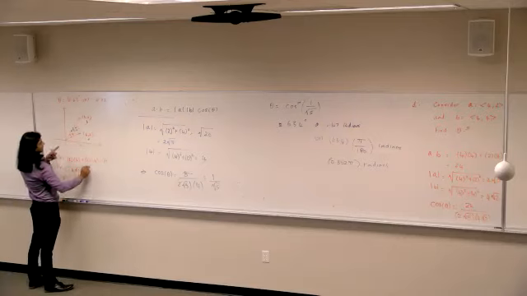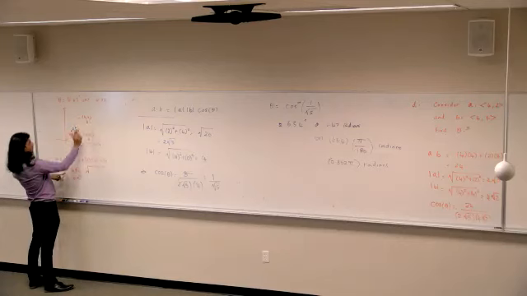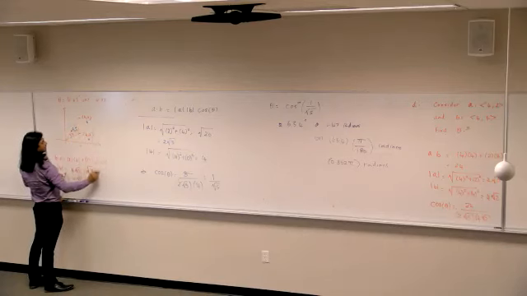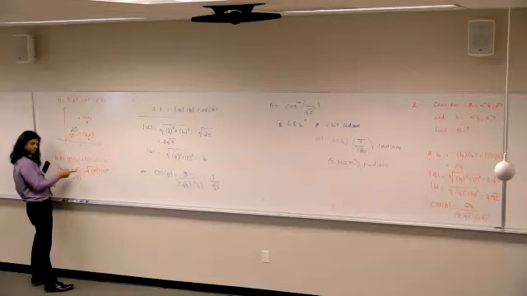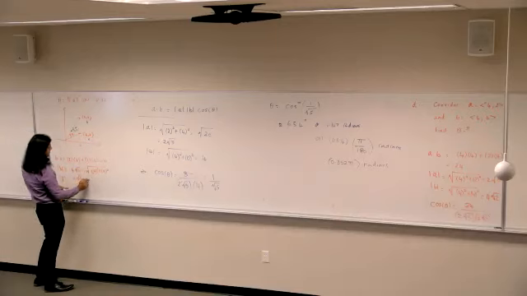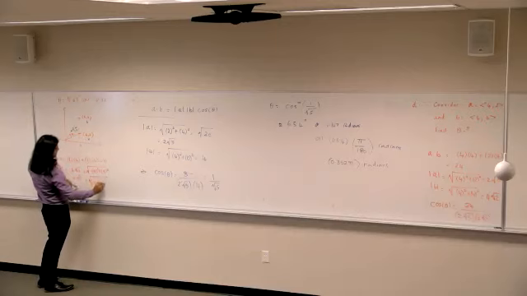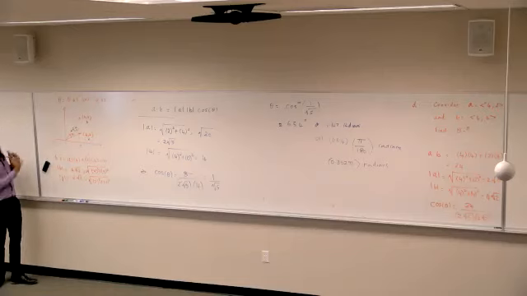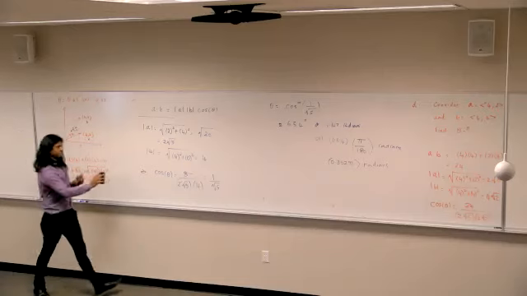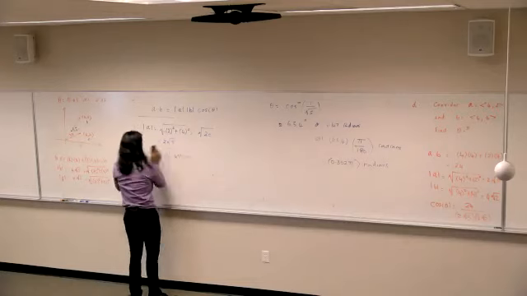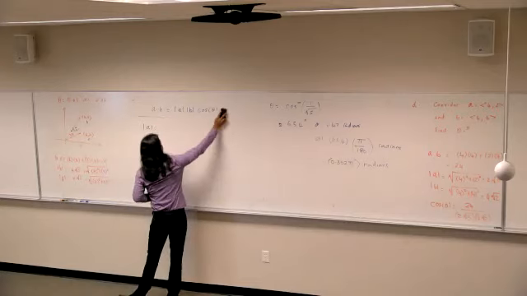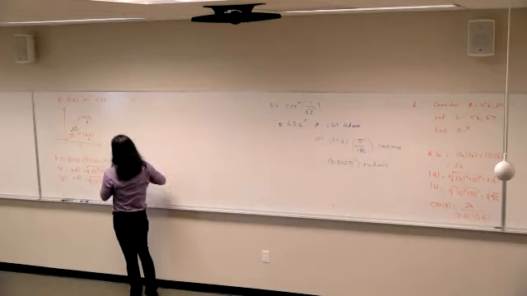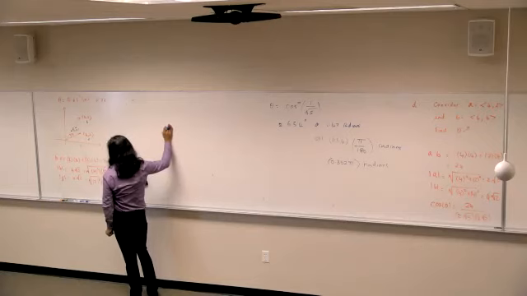This is why I write it out. So 4 squared plus 4 squared, square root of 32, which is 4 root 2. 2 squared plus 2 squared, 2 root 2. Yes? So I can find the angle between B and C. What is the angle between B and C?